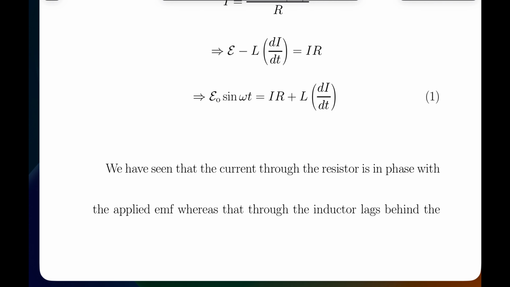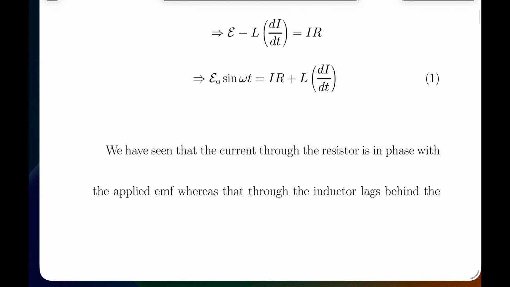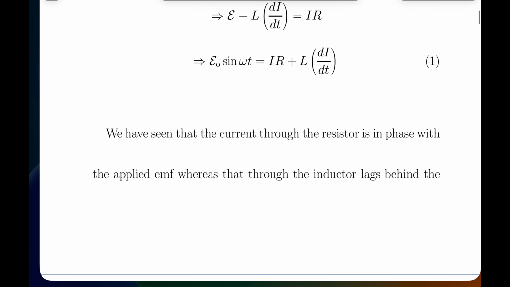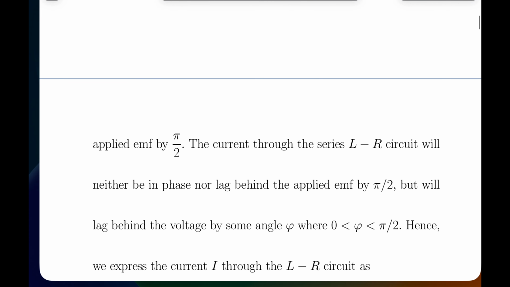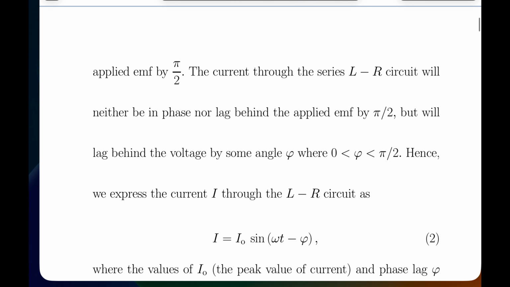We have earlier seen that the current through the resistor is in phase with the applied EMF, whereas through the inductor it lags behind the applied EMF by pi by 2. Therefore, the current through the series LR circuit will neither be in phase nor lag behind the applied EMF by pi by 2, but will lag behind the voltage by some angle phi, where phi lies between 0 and pi by 2.